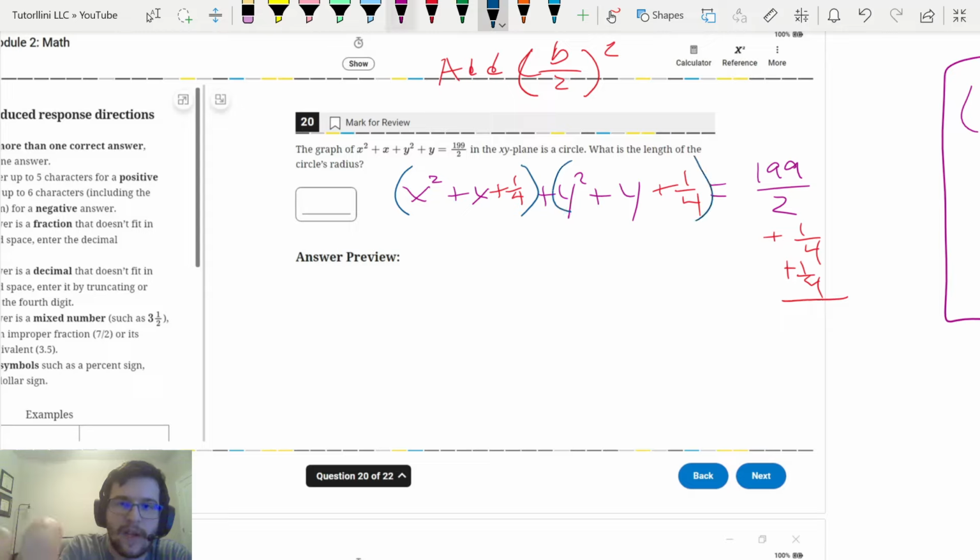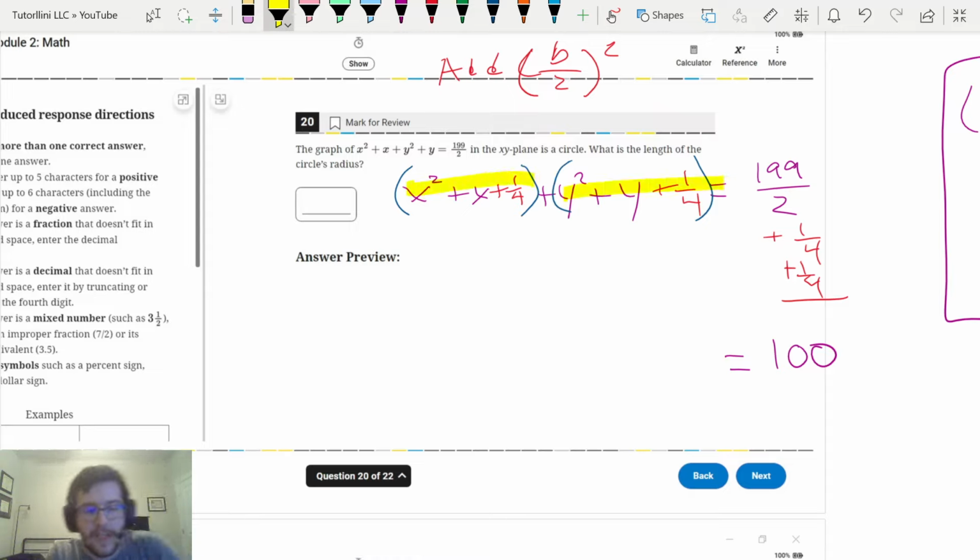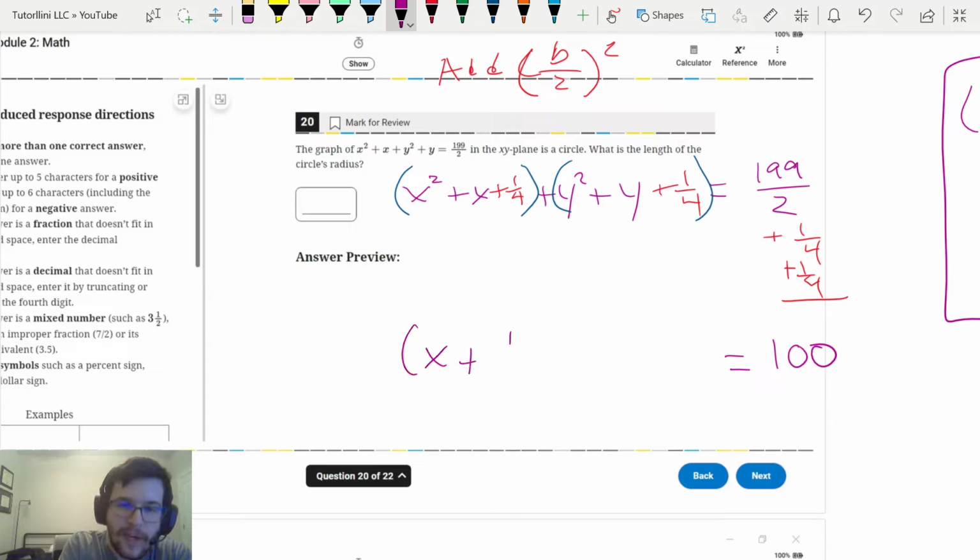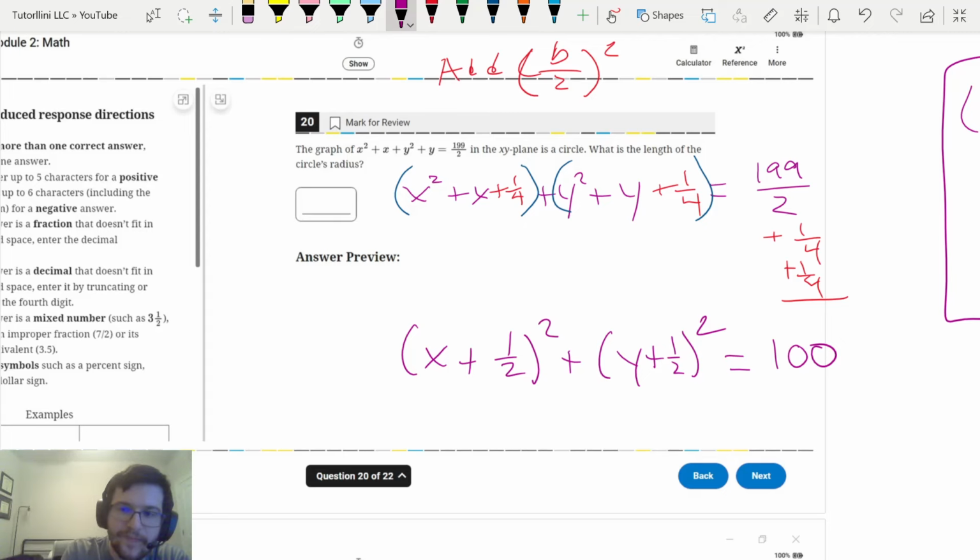Now I'm just going to add that up on my calculator. 199 over 2 plus 1/4 plus 1/4, and I get 100. And now you factor these guys, and if you did it right, they should be perfect squares. So the left one factors to x plus 1/2 squared, and the right one factors to y plus 1/2 squared.